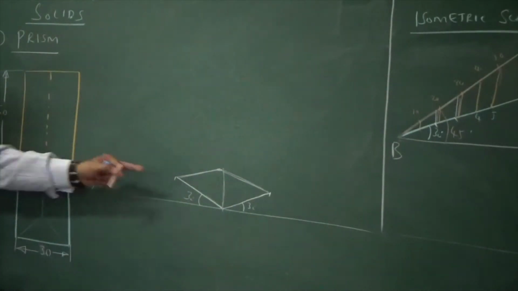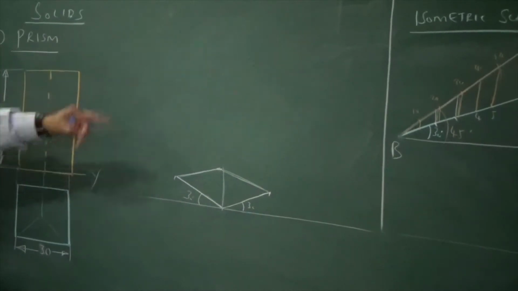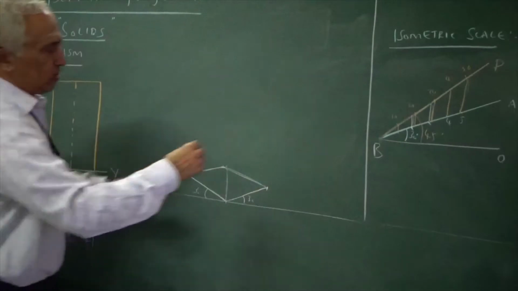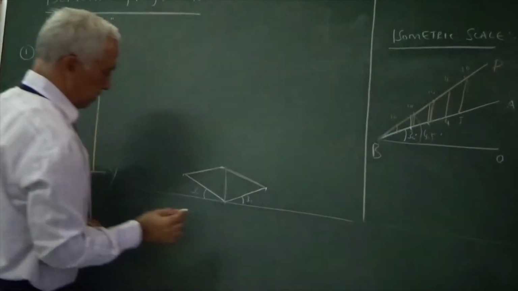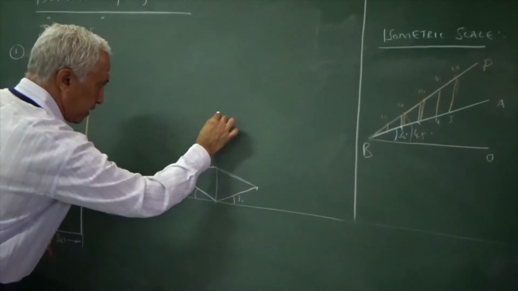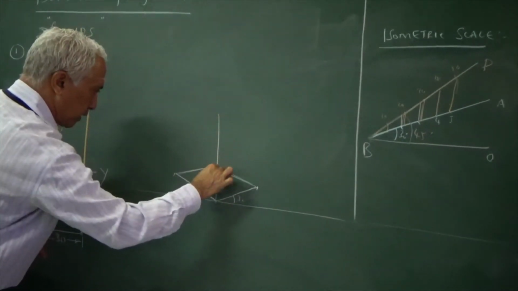To obtain the face of the prism, axis height is 50 millimeters, get ISO of 50, and from the bottommost corner point as reference, draw a vertical line which is ISO 50.